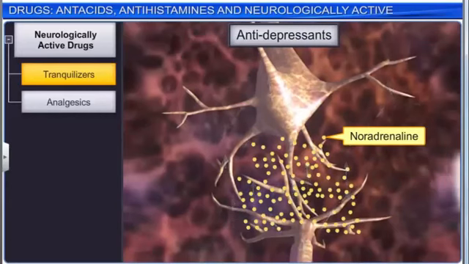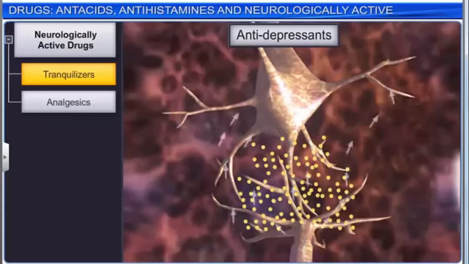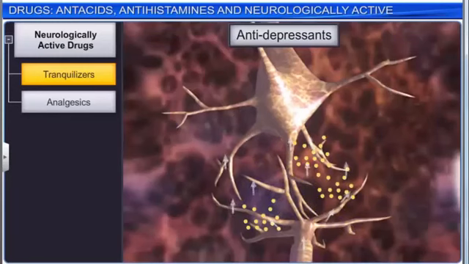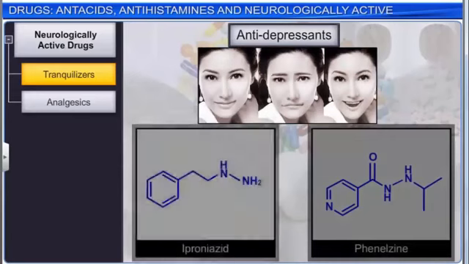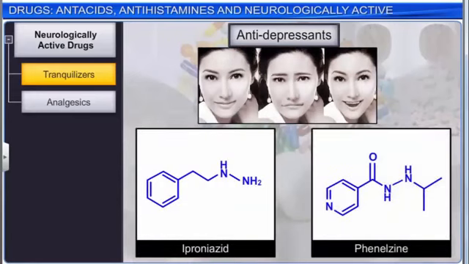If the level of noradrenaline is low for some reason, then the signal sending activity becomes low, and the person suffers from depression. In such situations, antidepressant drugs such as iproniazid and phenelzine are used.